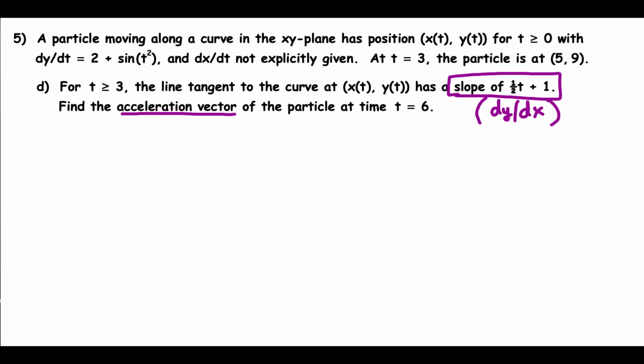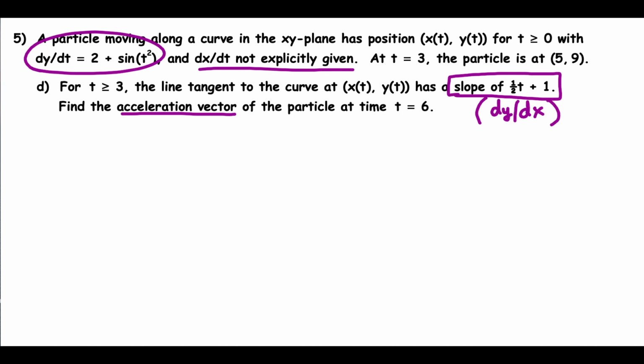As we know, the acceleration vector would involve 2 derivatives, but we don't really need to take 2 derivatives because we already have dy/dt. It's already velocity, so one more derivative would be acceleration. The problem is this dx/dt not being explicitly given is now coming back to haunt us again. So we're going to have to work our way through this. The fact that we know dy/dx helps.